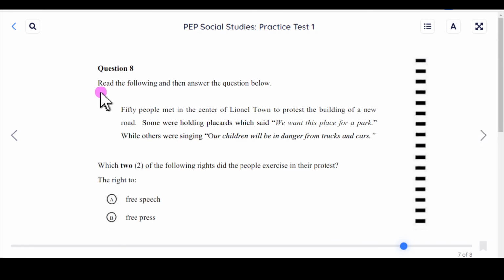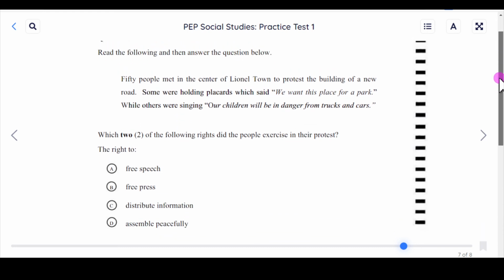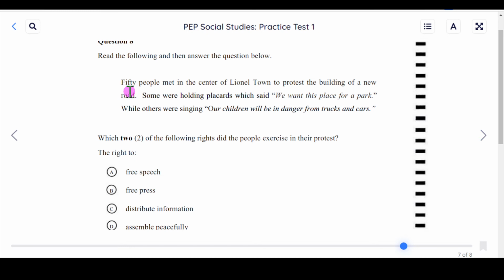Question 8 says, read the following and then answer the question below. And remember, we need to read carefully. Now, 50 people met in the center of Lionel Town to protest the building of a new road.